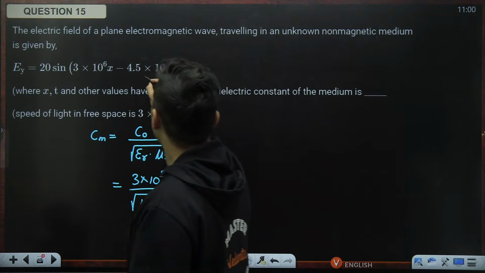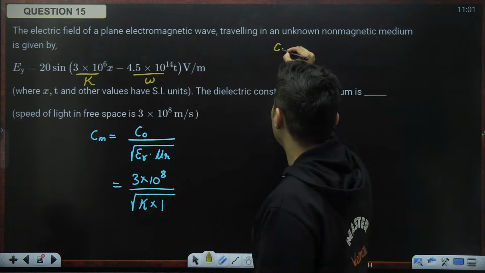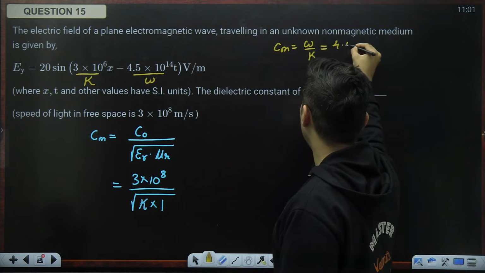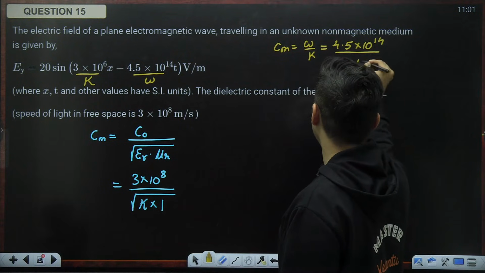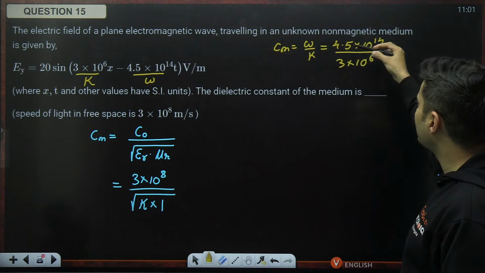So, this is nothing but your omega, this is nothing but your k. So, speed of light in that medium is omega by k. Omega is 4.5 into 10 to the power 14. K value is 3 into 10 to the power 6. So how much are you getting, guys? 45 by 3.